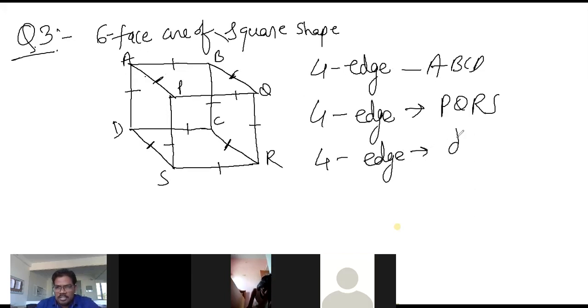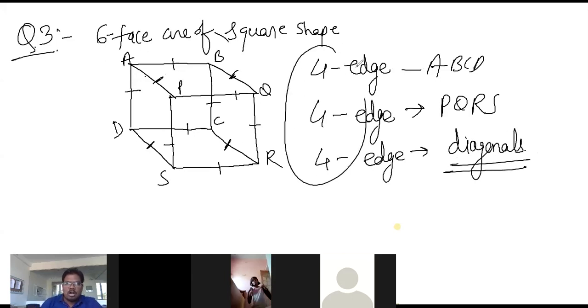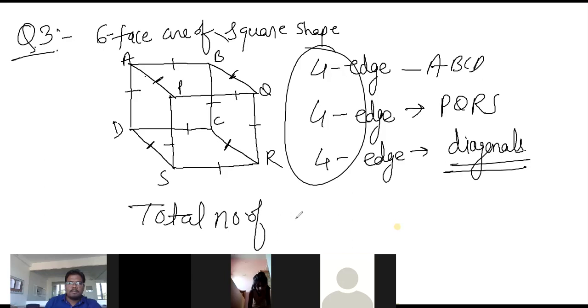These are known as diagonals. So how many edges are there in total? That will be 12.